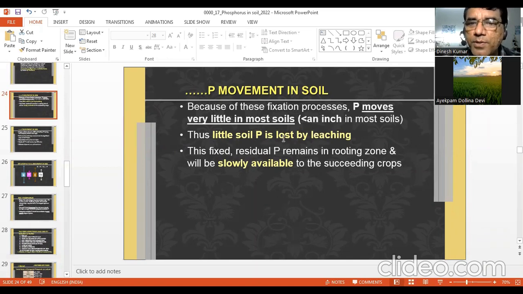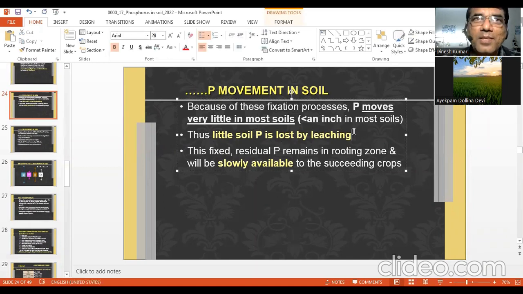Thus, little soil phosphorus is lost by leaching. There is not much free H2PO4 or HPO4 to be lost by leaching. This fixed residual phosphorus remains in the rooting zone and will be slowly available to the succeeding crops. Therefore, it will have some residual effect.